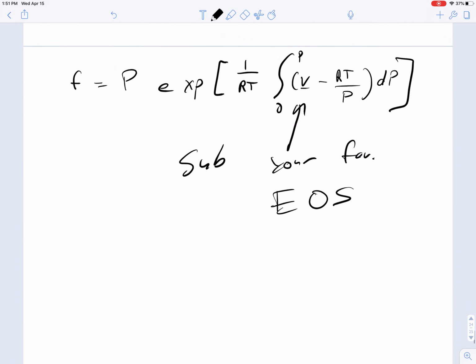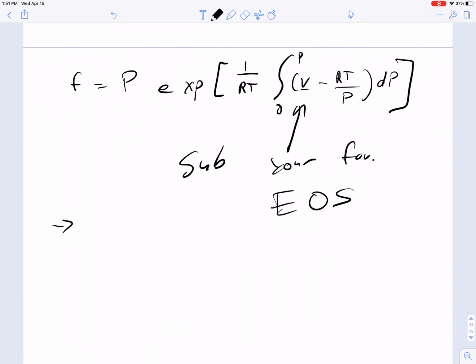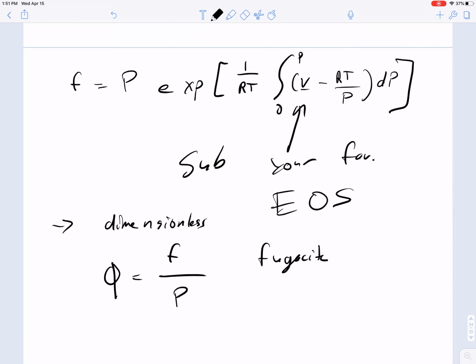There's a related dimensionless quantity called the fugacity coefficient. And that is simply given the variable phi, and this is equal to the fugacity over your pressure. This is the fugacity coefficient.